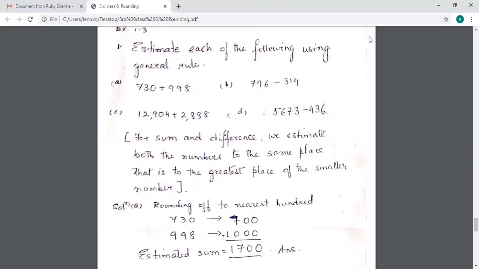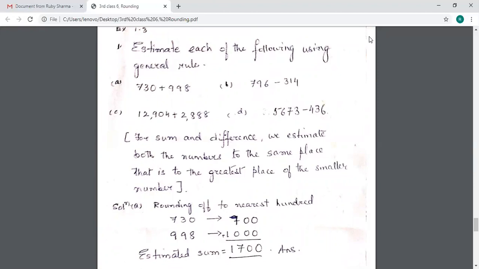When we have the same number of digits, like 730 and 998, we see both are 3-digit numbers. So in that case, it's not a problem. We estimate up to the hundreds place. And one thing we have to observe is that in addition and subtraction, both the numbers are estimated to the same place.